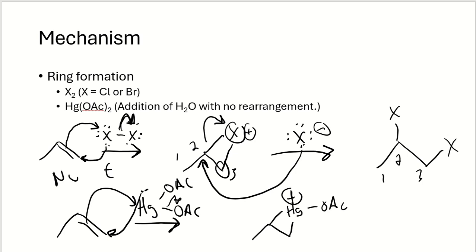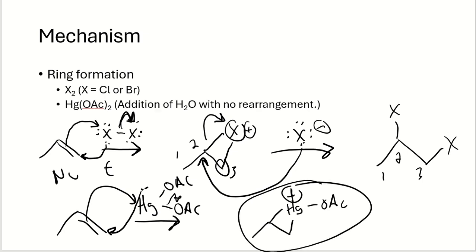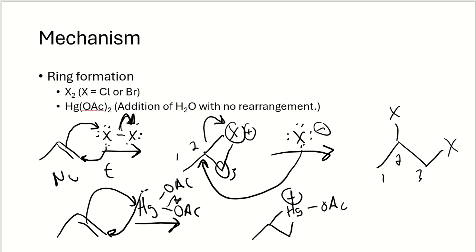Now, this doesn't really mean much to us right now. But when we talk about the oxymercuration demercuration reaction, where we do a Markovnikov addition of water without rearrangement, that's where this mechanism is going to play more of a role. But just keep in mind that what's happening here is we're forming a ring.